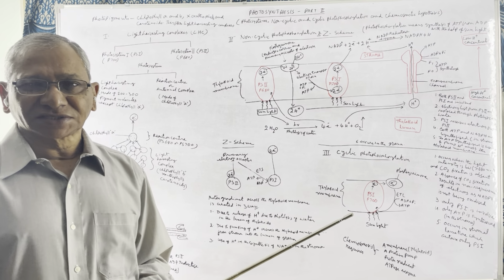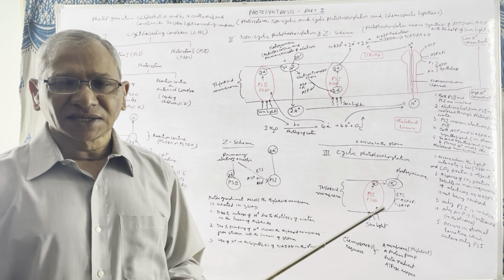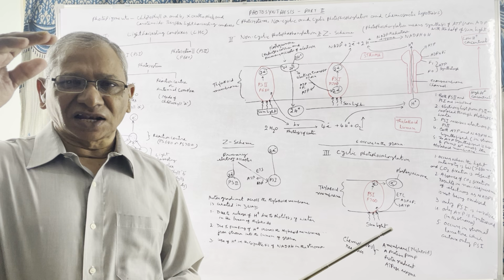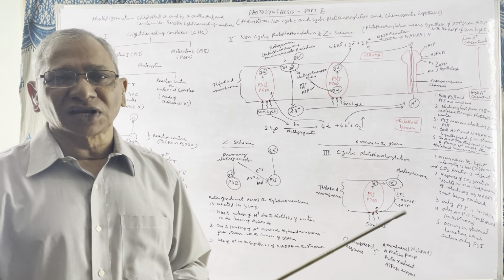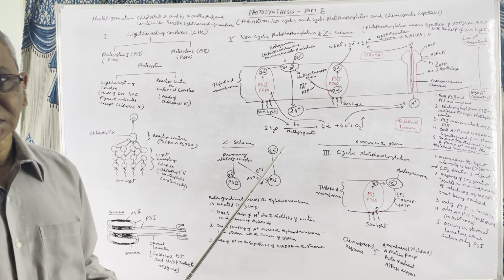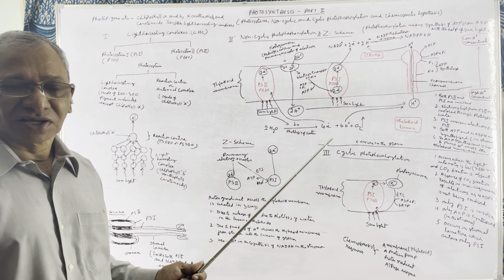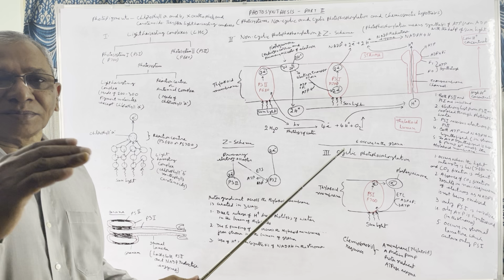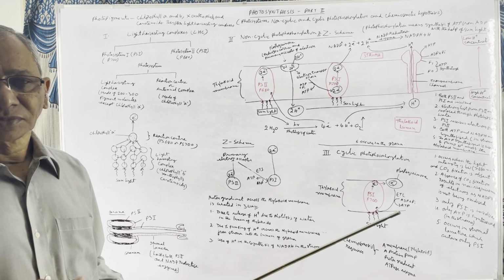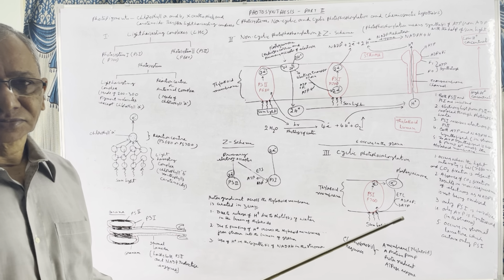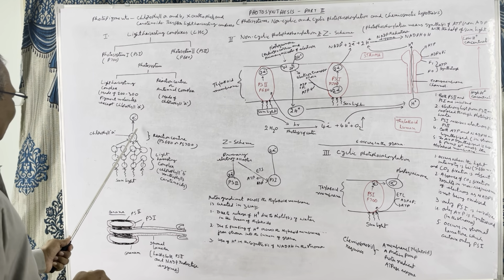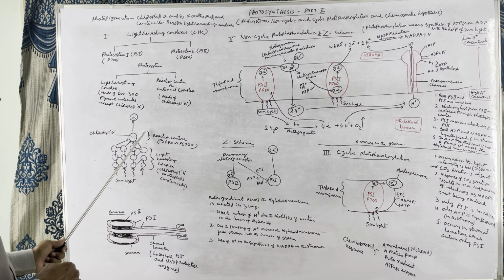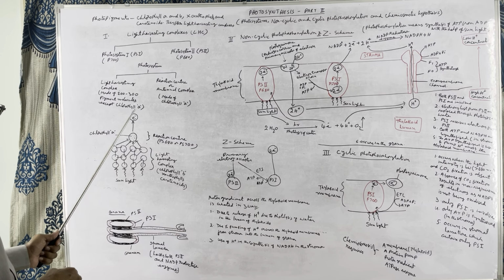Usually, when electrons gain energy, they reach a higher level, then after some time they lose the energy and come back to the original level. But here, the excited electrons are removed from chlorophyll. They get separated. That is a very important point. So in this way, the excited electrons get separated from the reaction center.